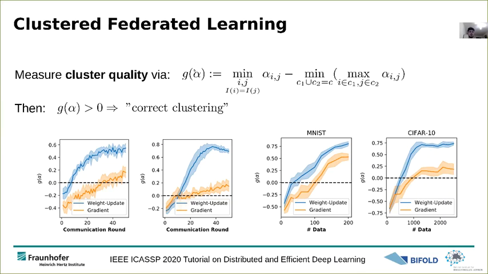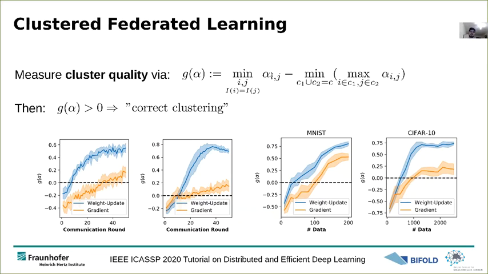So you can actually measure the quality of the clustering with this function g of alpha here, which takes the difference between the minimum pairwise cosine similarity of 2 clients with the same data generating distribution and the minimum of 2 clients that were assigned to different clusters.